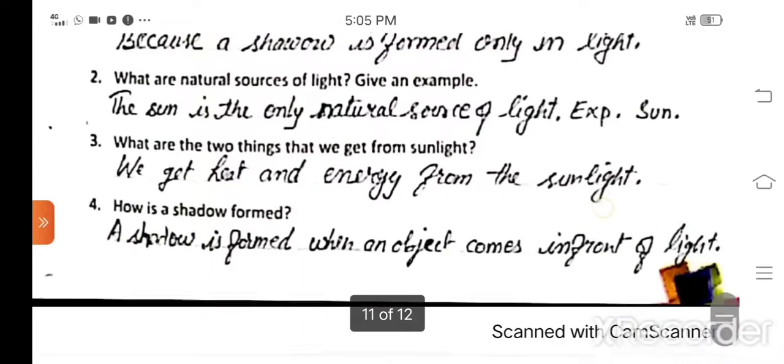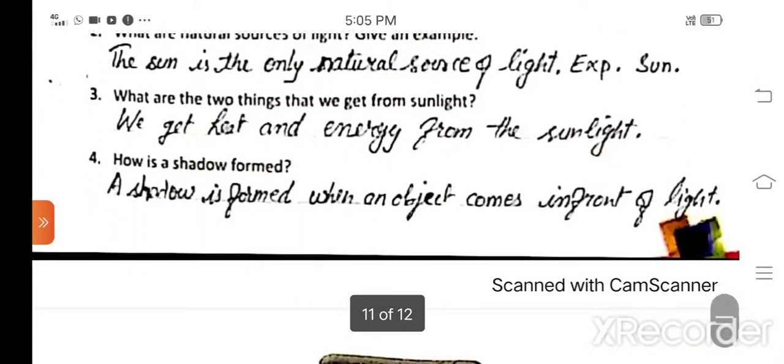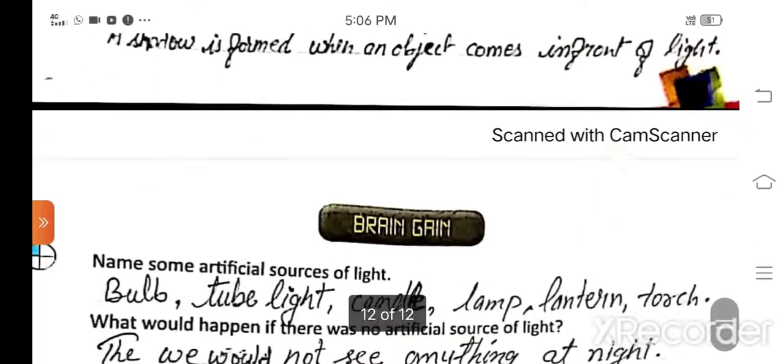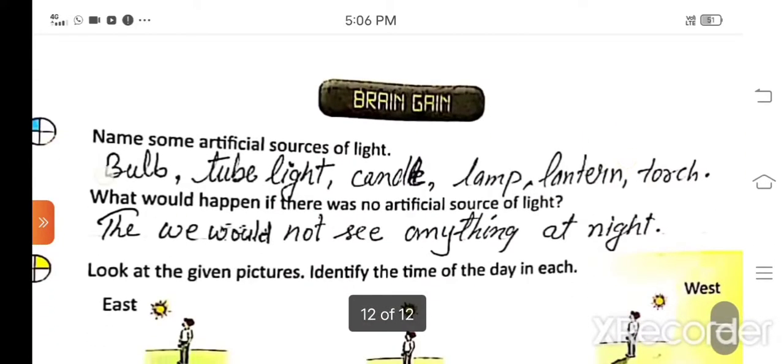How is a shadow formed? A shadow is formed when an object comes in front of light. I have already told you that a shadow is always formed when any object comes in front of light. Then name some artificial sources of light. Some artificial sources of light are bulb, tube light, candle, lamp, lantern, torch, etc.